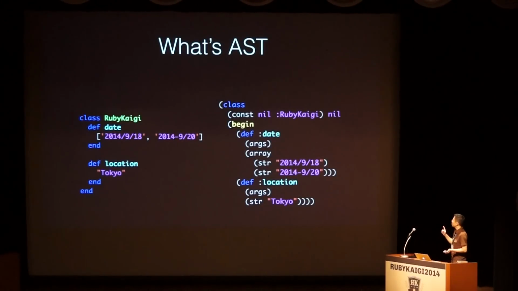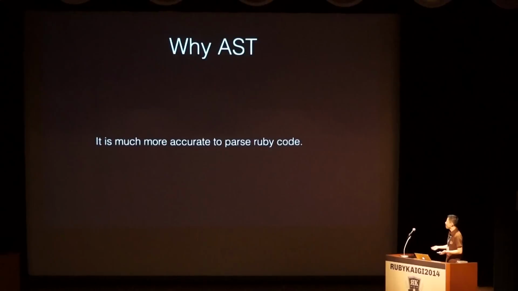There's no parent class, and the class body contains two method definitions. Neither of them has arguments, and the first method, date, returns an array with two strings, and the location method just returns a string. It's clear and easy.